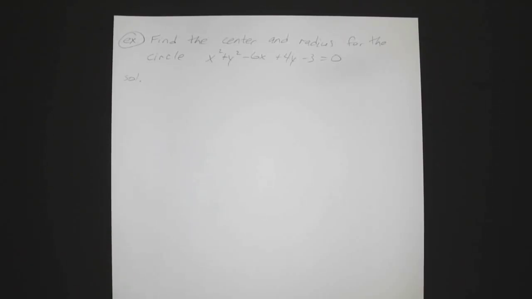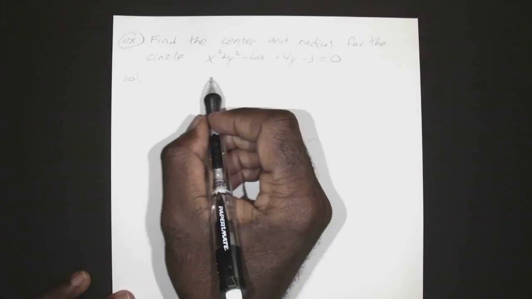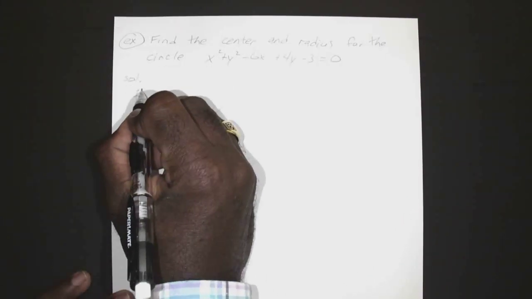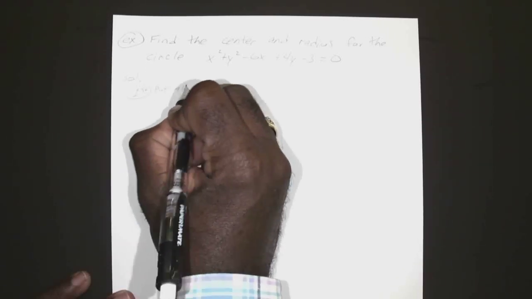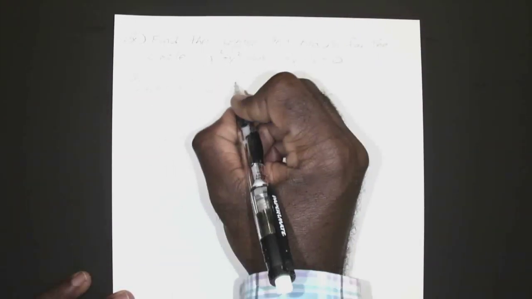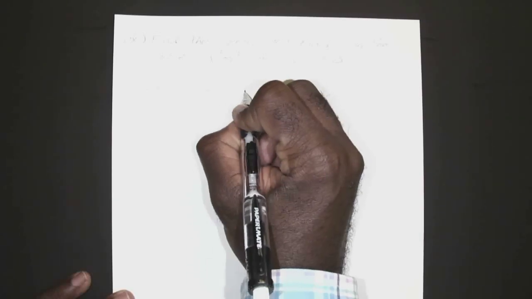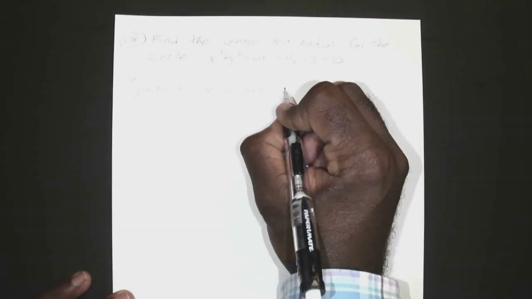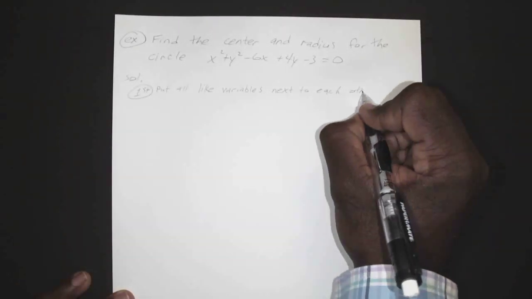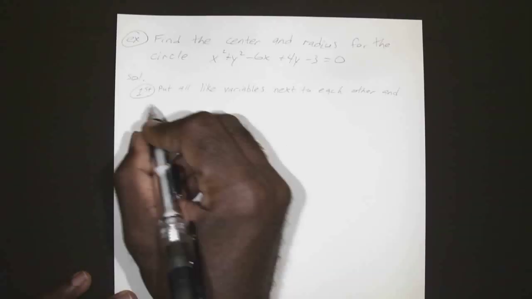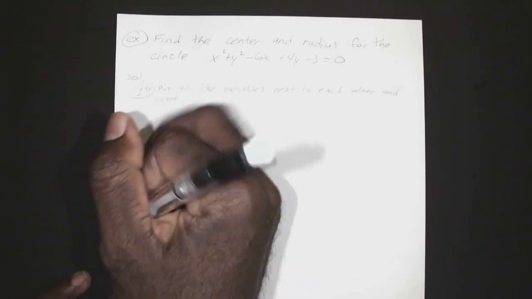We're going to put x squared next to x and y squared next to y, and constants go on the other side of the equal sign.